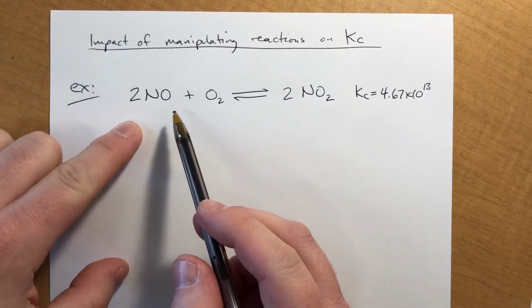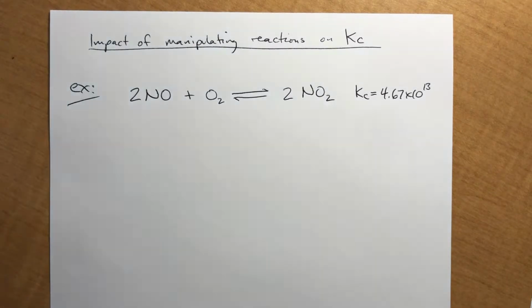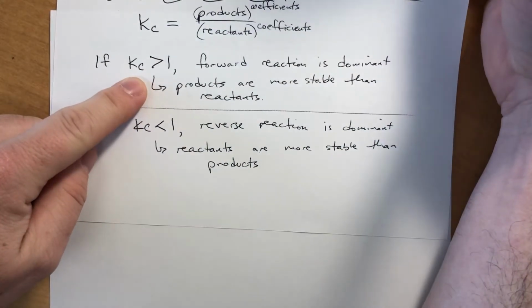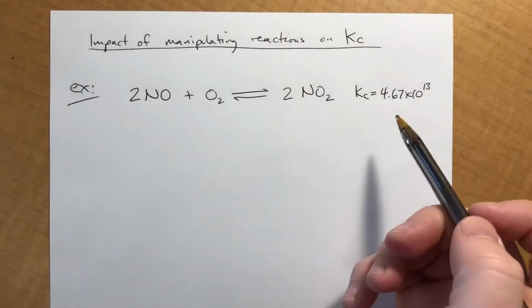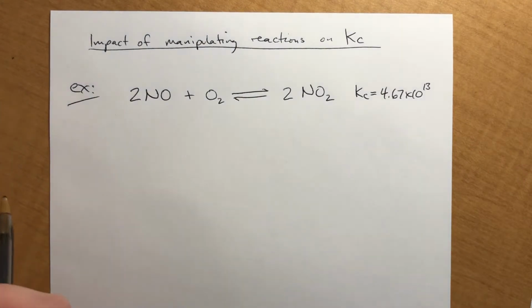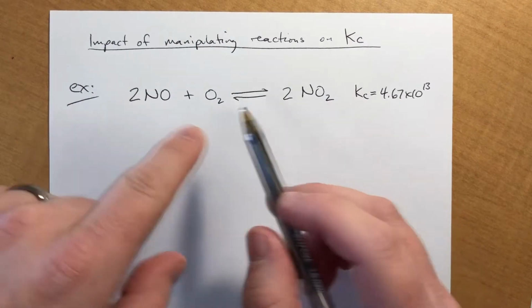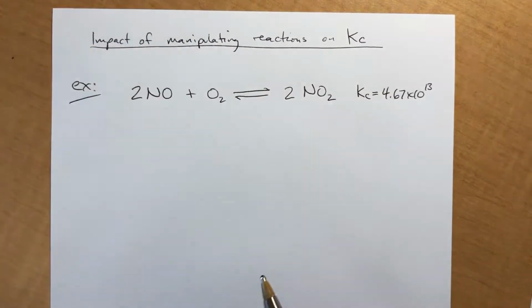So what this means is, based off what we saw in the last video, the very last thing that we talked about, if Kc is larger than 1, the forward reaction should be dominant. Well, this is significantly larger than 1. So what this means is the reaction is predominantly going forward. So this is significantly more stable than this, and the reaction's mostly going that way.